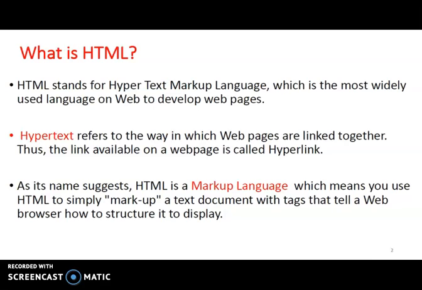But in HTML, we use tags, that are opened and closed by angle brackets. That's why HTML is called a markup language. It sets the structure of the web page.